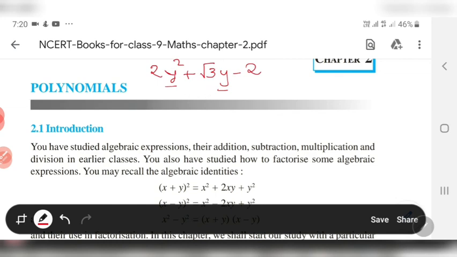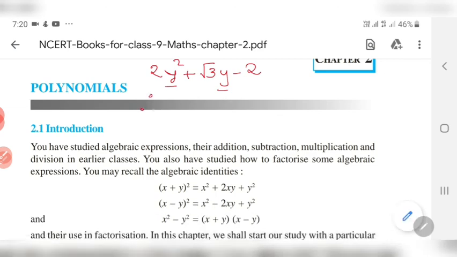So in this case, y is square, so the exponent is 2. And here y, and here there is no number, you think that it is 1. If the exponent is not written, you imagine that it is 1. So 2 and 1 are whole numbers. Therefore, it is a polynomial. Correct, children?